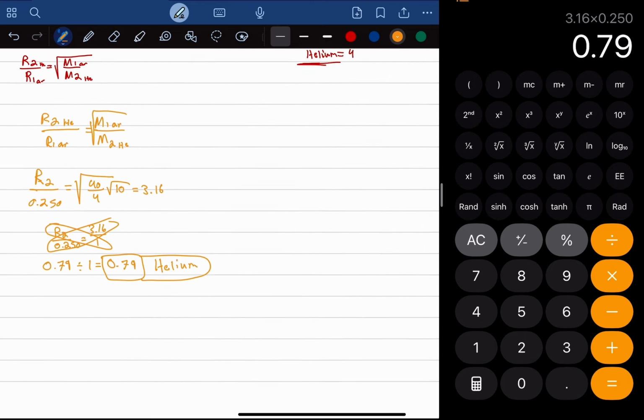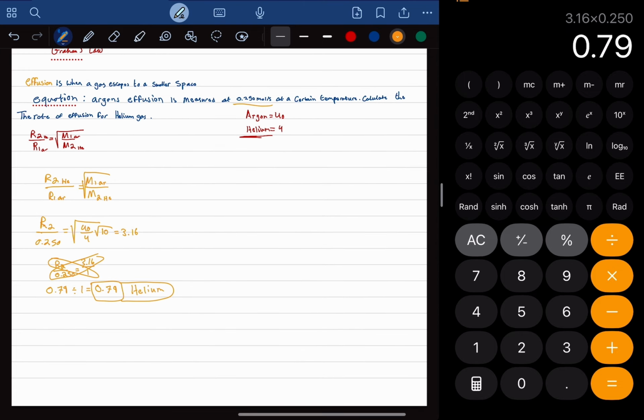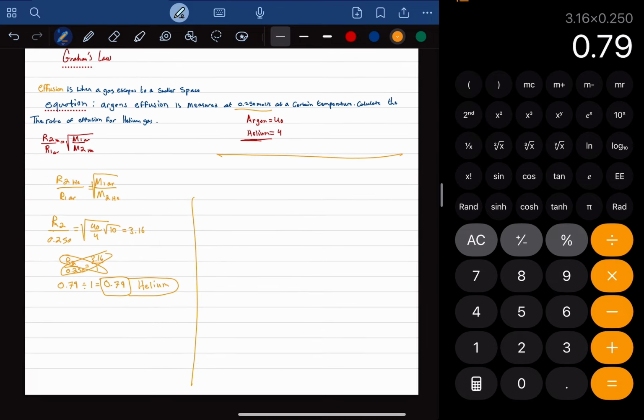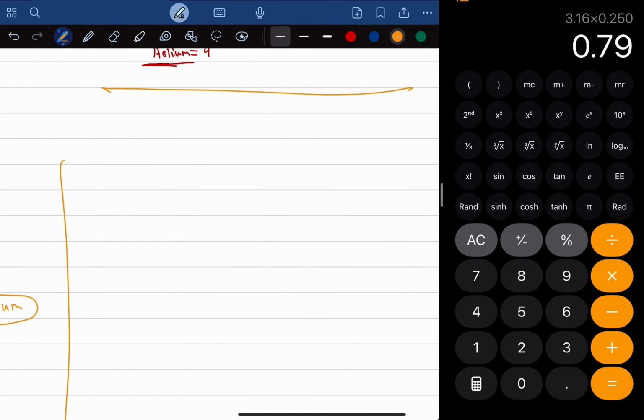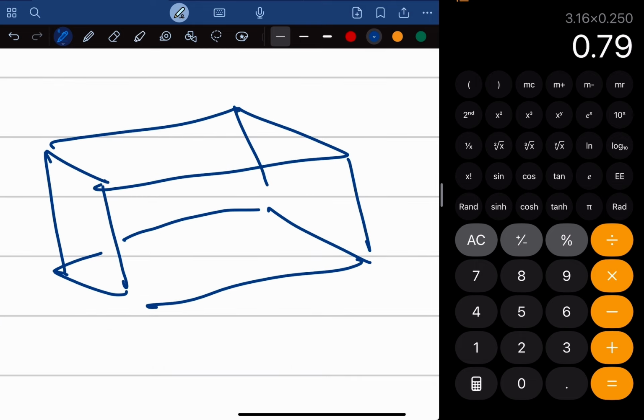So I want to move on from this to what effusion really is. Let's say you have a box. I know this is not the best visual, but bear with it. And let's say you have a hole in this box.